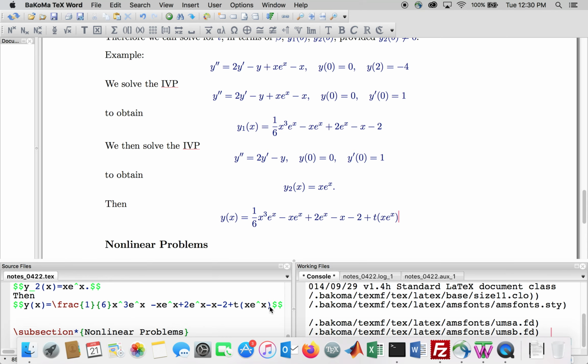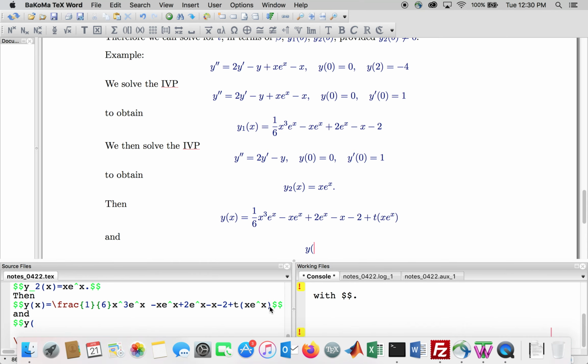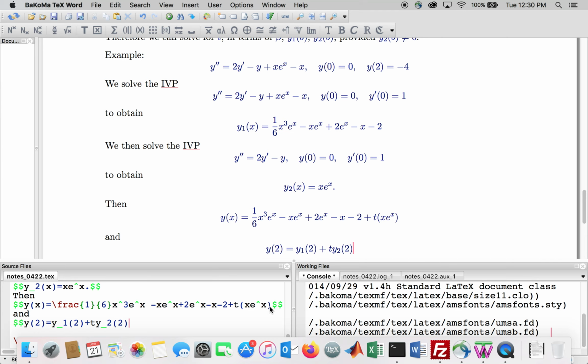But then we plug in y of 2. So that's equal to y1 of 2 plus t y2 of 2.